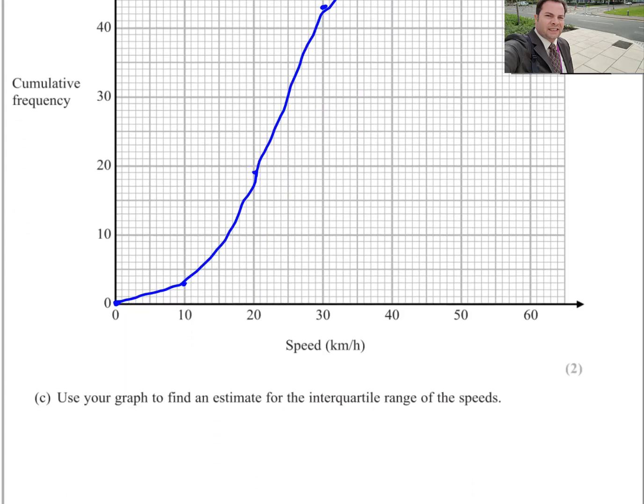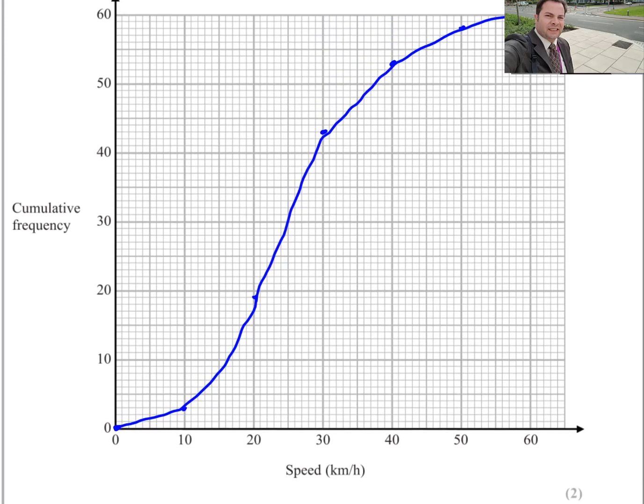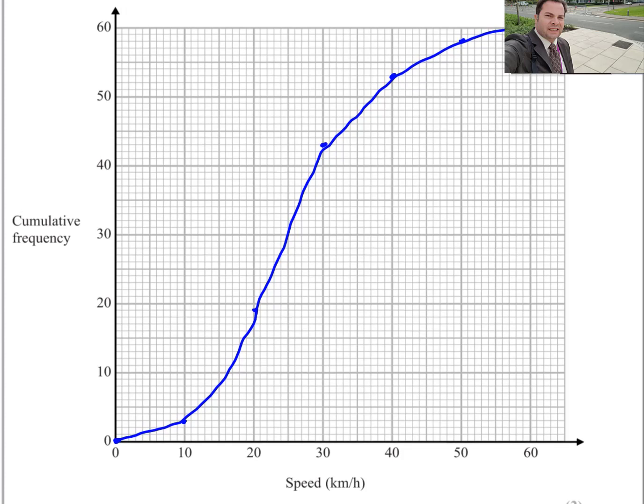Part C, use your graph to find an estimate for the interquartile range of speeds. To get the interquartile range, you have to identify the first quartile and the third, lower quartile and upper quartile, Q1 and Q3. How?